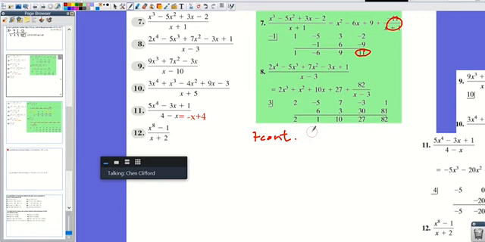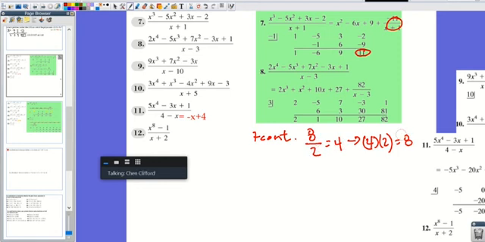If you do 8 divided by 2, you get 4. If you want to go backwards, you can do 4 times 2 is 8, to get back to 8.